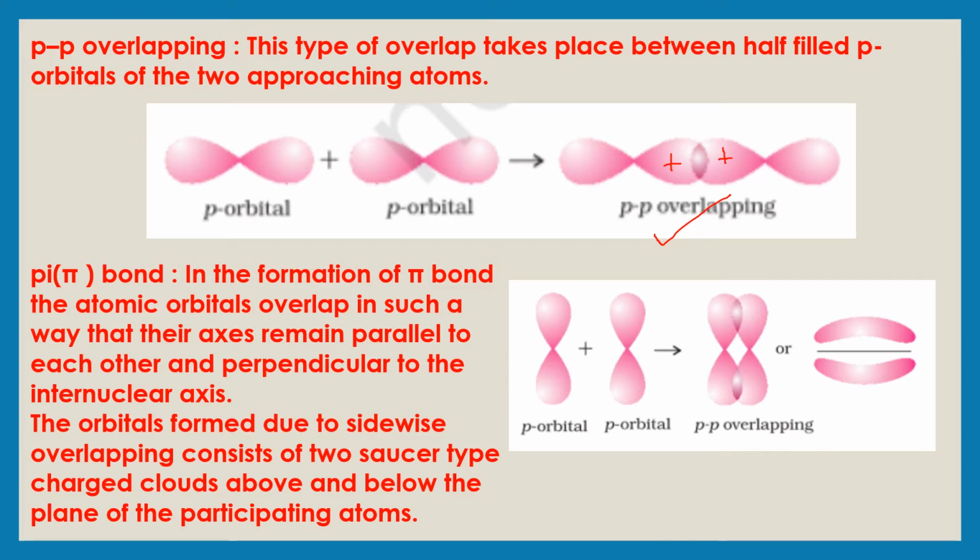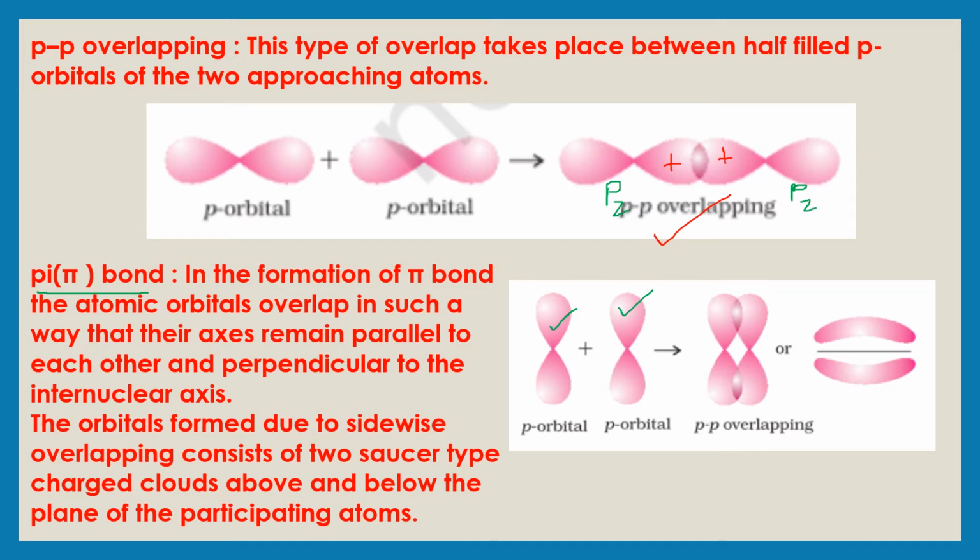But compare it with the next type, which is called pi bonding. In a pi bond, the atomic orbitals overlap in such a way that the axes remain parallel. Suppose this is one p orbital and this is the other. These would have been the z orbitals, because we consider z as the internuclear axis, right?